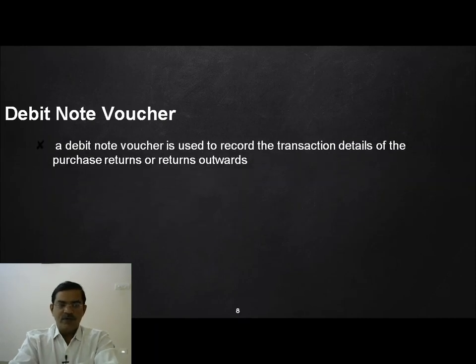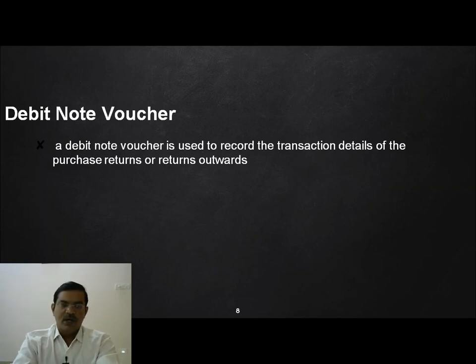A debit note voucher is used to record the transaction details of the purchase return or return outwards. So when we return the purchases, if it is not a quality product, it is not up to our requirement, it is a not good product or damaged product, and it is not suitable for our requirements.